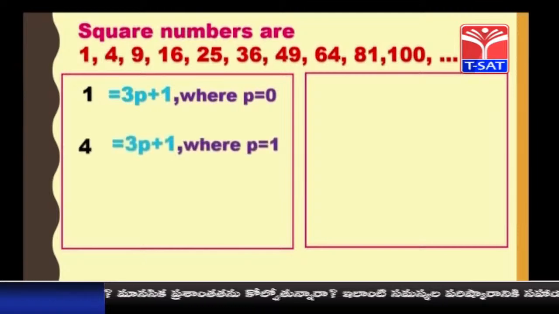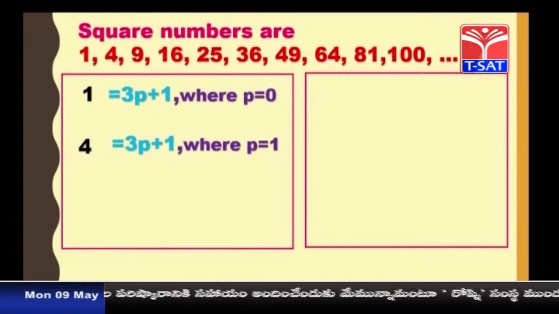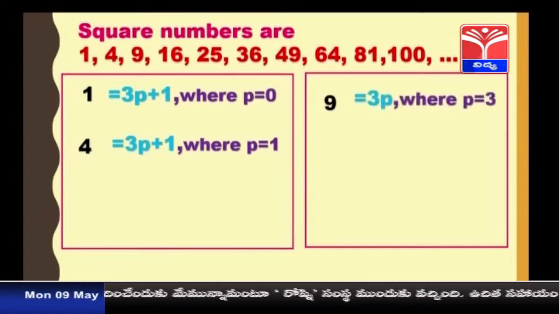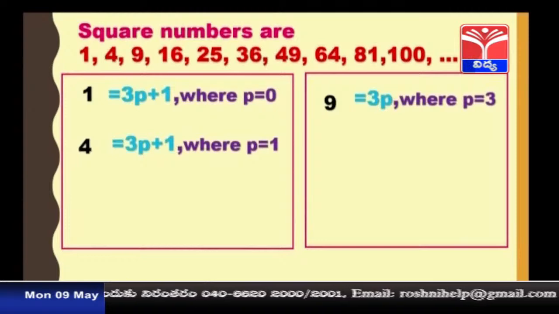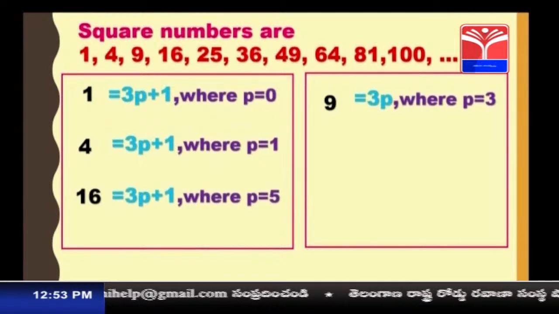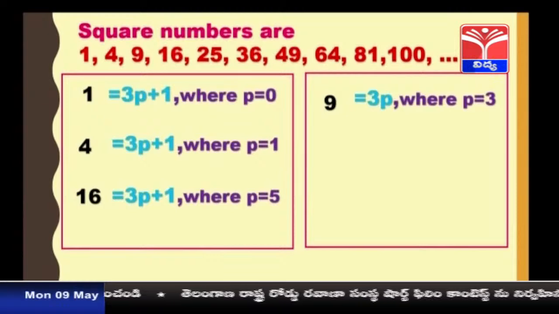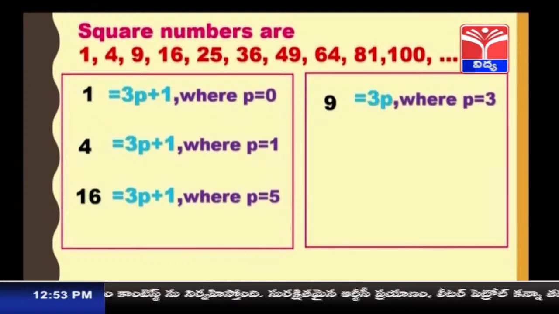Next number 4. 4 I can write as again 3p plus 1, where p is equal to 1. 9 I can write as 3p, where p is equal to 3. If I substitute p is equal to 3, I will get 3p as 9 only. Next number is 16. I can write 3p plus 1, where p is equal to 5, since 5 threes are 15 plus 1.